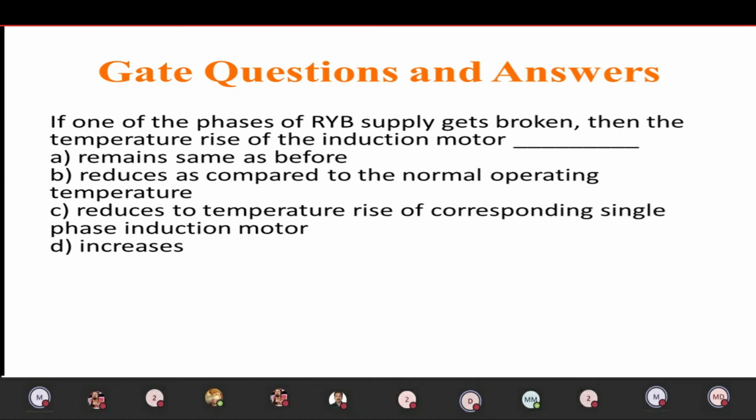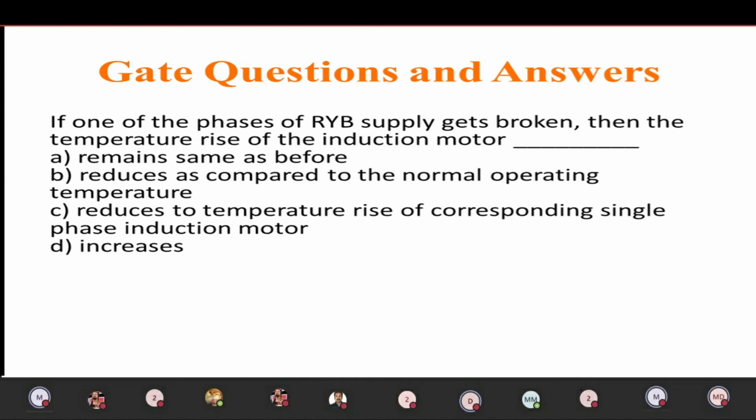we need to consider the temperature rise, because if one of the supplies is removed or broken, now the two supplies maintain the motor in the running condition. At that time, there is a lag in the magnetizing component.